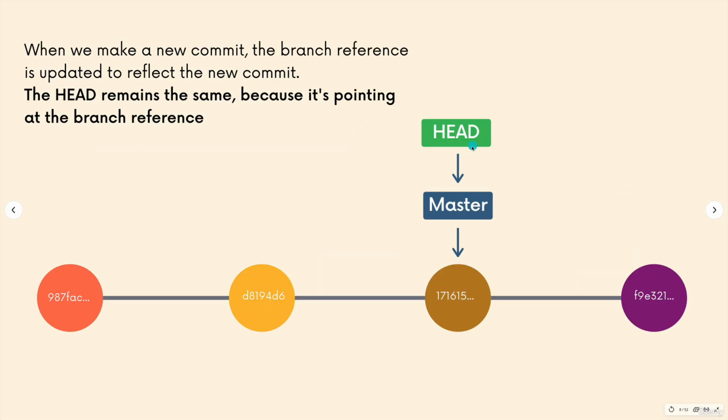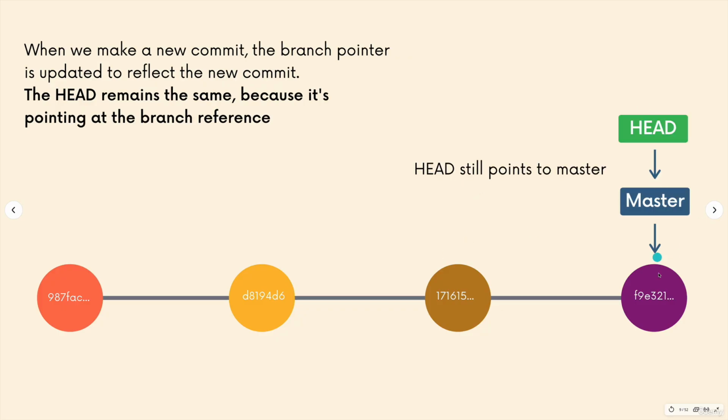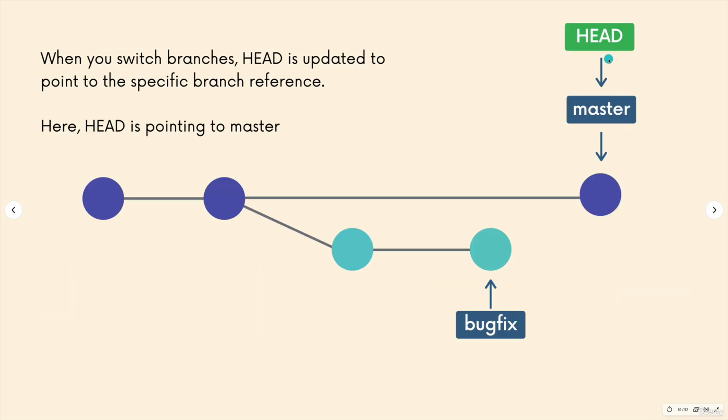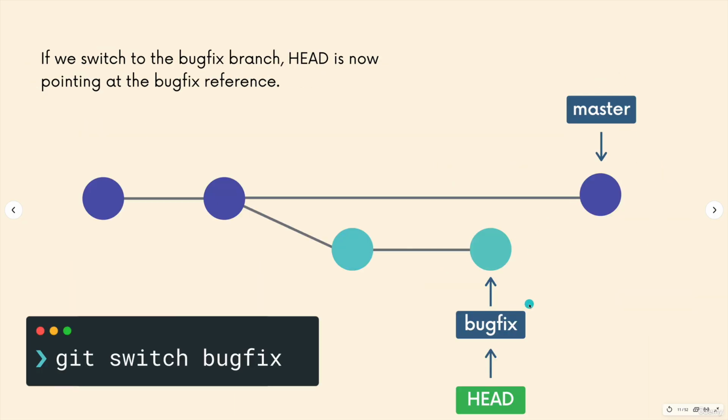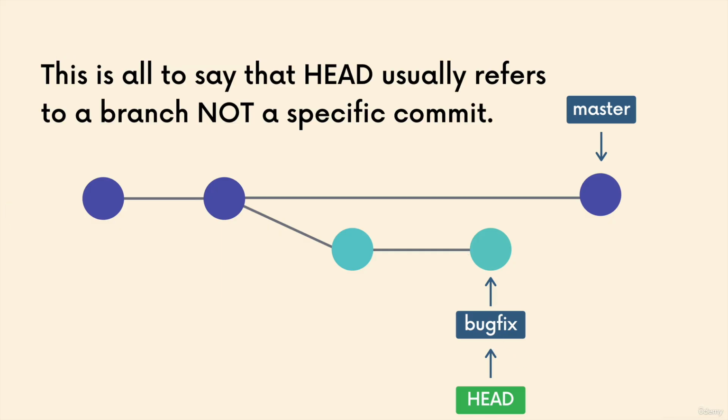So if I'm on the master branch, head points to master, and master points to some commit. If I make a new commit, master updates to point to that new commit, but head still points at master, right? Head is still just pointing at that branch. If I switch branches, I go to bug fix, head switches to bug fix, but head is still pointing to a branch.